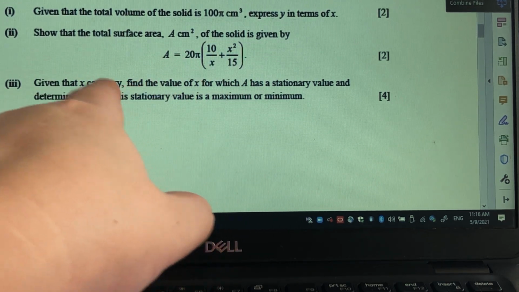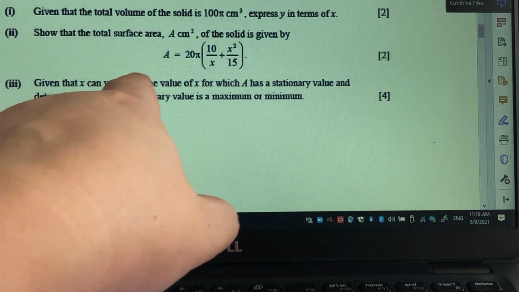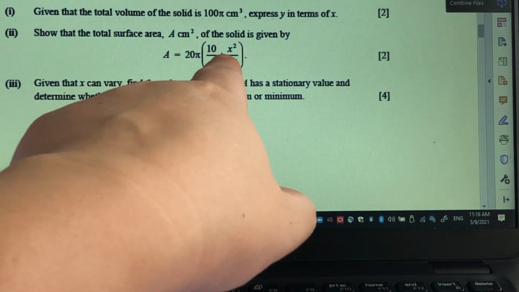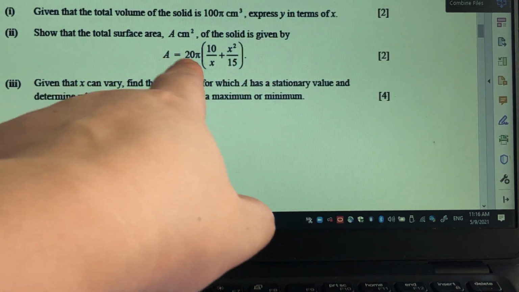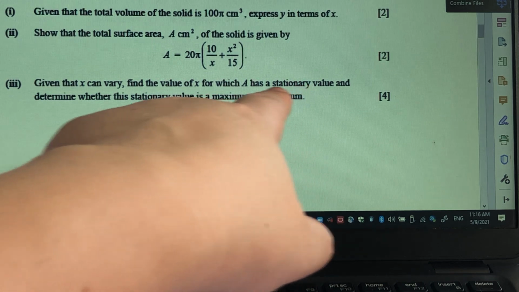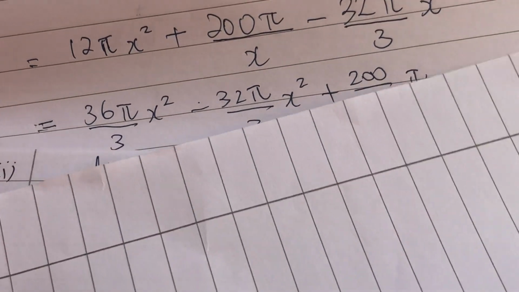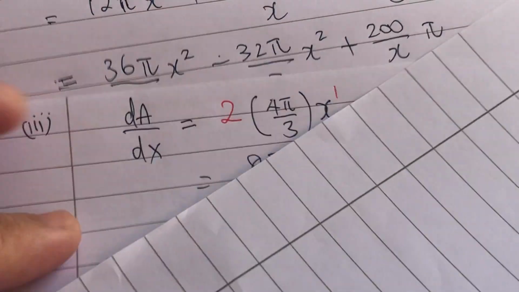That means whenever they say x can vary, they're trying to tell you you can differentiate A with respect to x. So they can find dA/dx. Okay, and when you set dA/dx to 0, you will be able to find the stationary value. And then using either the first or second derivative test, you can get your maximum or minimum value.